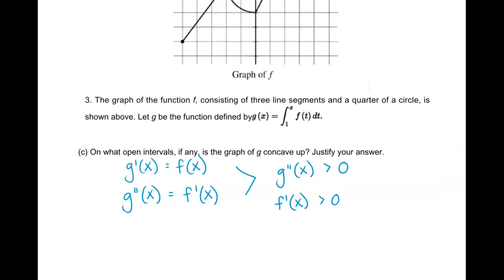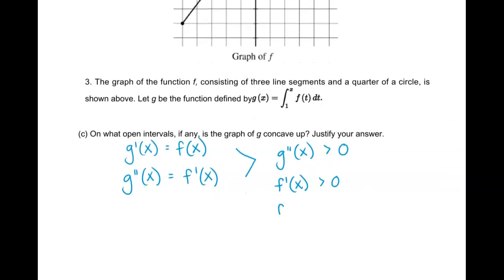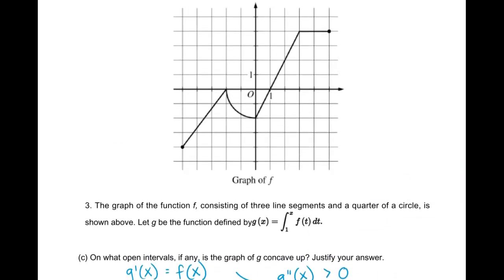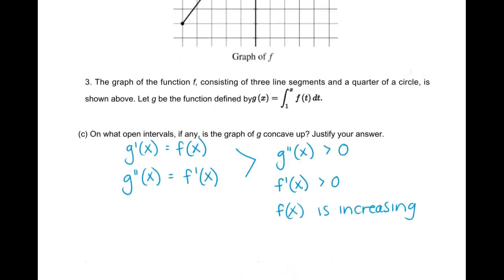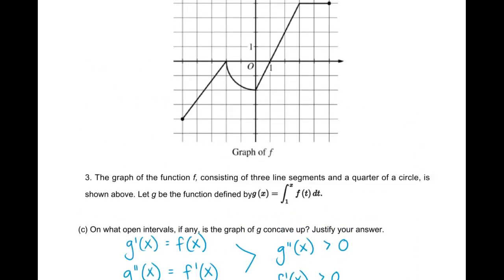So that means we're looking for when f of x is increasing. Because if you look just at the f business, f prime is greater than 0 when there's a positive slope of the tangent line, or when f of x is increasing. Okay, let's look at this. Looking at our graph, f of x is increasing.